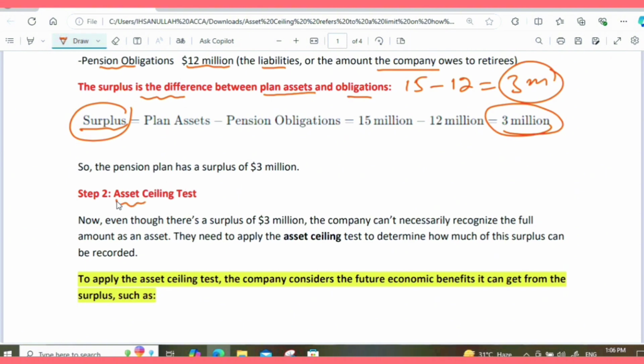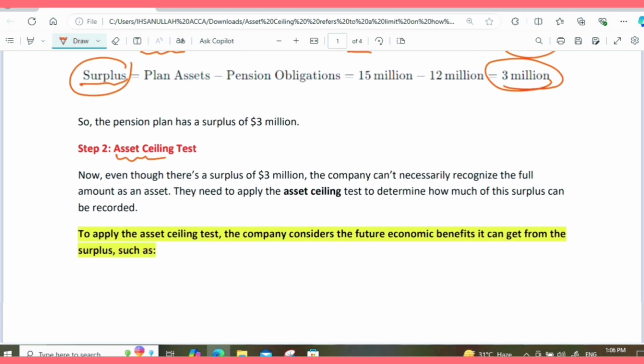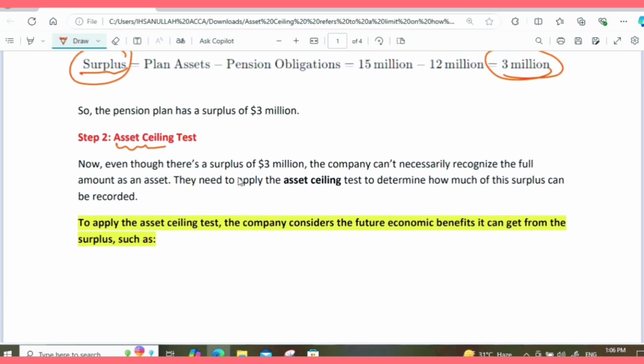When you are doing the asset ceiling test, even though the surplus is 3 million, the company cannot necessarily recognize the full amount as an asset. They need to apply the asset ceiling test to determine how much of this surplus can be recorded.